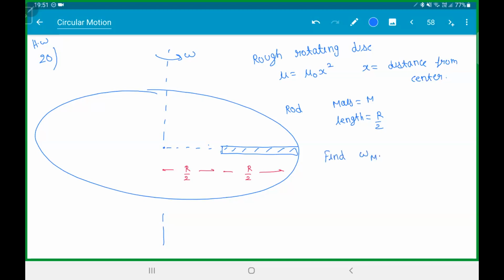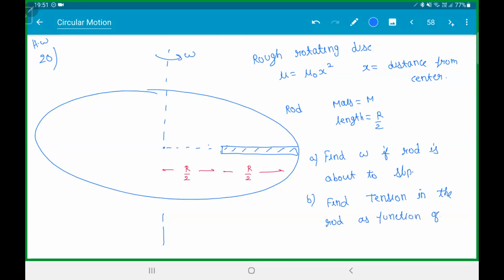So find omega max, find omega if the rod is about to slip. Find tension in the rod as a function of x, where x is the distance from the center. Make sure to try this.